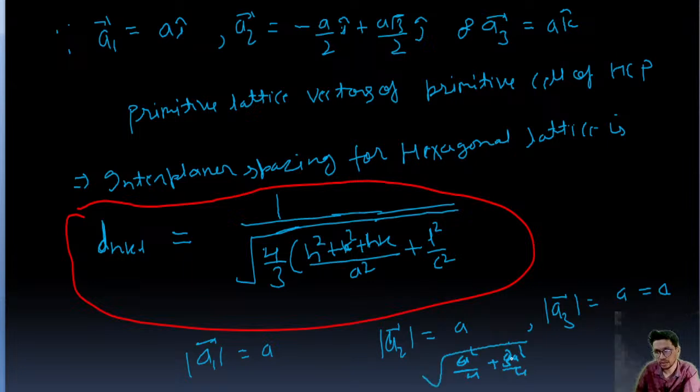The mod means root, so taking a square common, this is 1 upon 4 plus 3 upon 4, which is 4 upon 4, which is 1. Root 1 is 1, so the value of mod a2 is a.